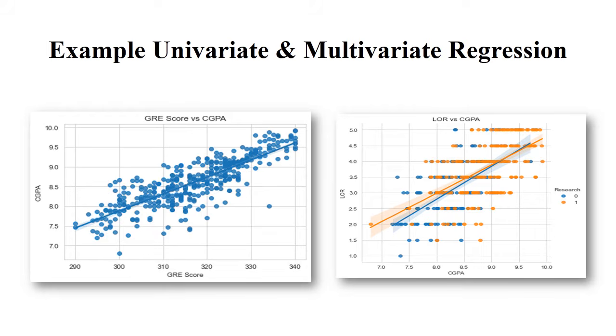So along with the relationship between LOR and CGPA, it also shows the research interest. So there is more than one independent variable, right? LOR is the dependent variable, CGPA and research are independent variables. So this concept is called multivariate regression.